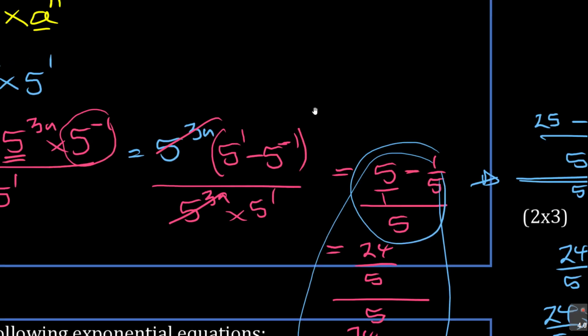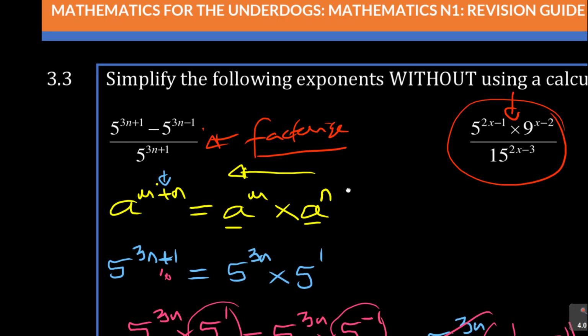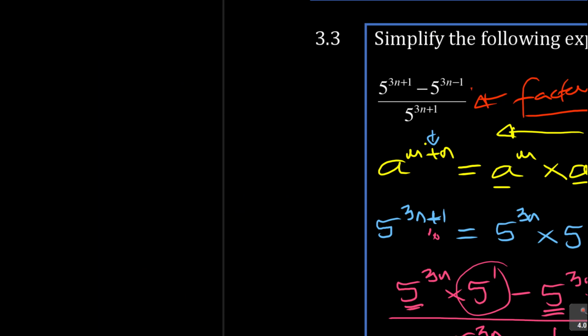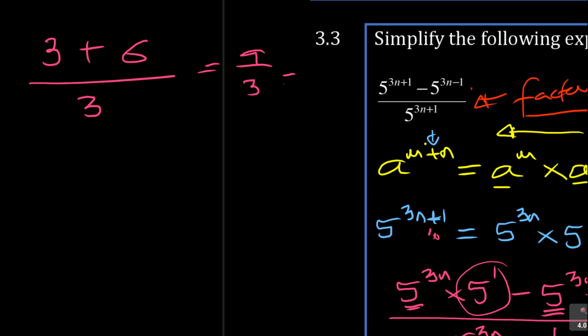Okay, that is one way. You need to factorize. If you get this kind of problem, you can factorize. Alternatively, let me give you another simple scenario. If I say to you 3 plus 6 over 3, it's a simple answer. It's 9 over 3, because 3 plus 6 is 9, and the answer is 3. But how did the calculator do it?